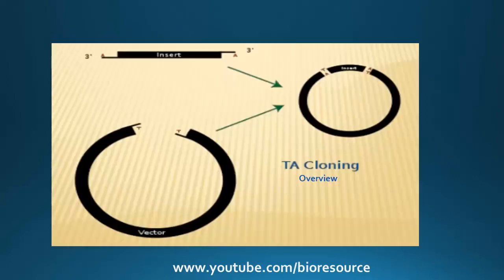So TA cloning is basically for cloning PCR products by introducing an A overhang to the PCR product and then cloning it into a linearized vector having T overhangs.